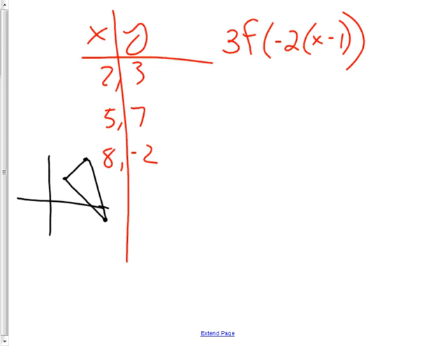If I connected all my dots, it would be a triangle that looked kind of like that. That's how I start. And then the child points that you'd graph will probably still be a triangle, but it's going to be flipped. It's going to be narrower and taller, and it's going to be moved a little bit to the right. All right, here's the child points.